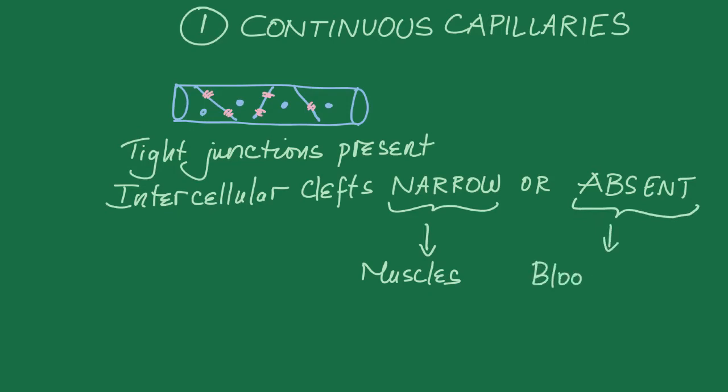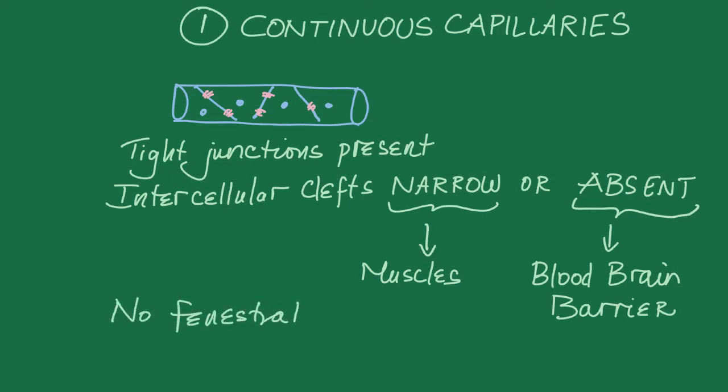The blood-brain barrier in the brain does not have any spaces. It is completely sealed off. This is the most extreme example of a continuous capillary. And remember that continuous capillaries do not have fenestrations. There are no holes in a continuous capillary.